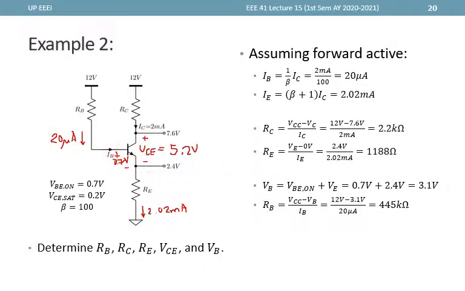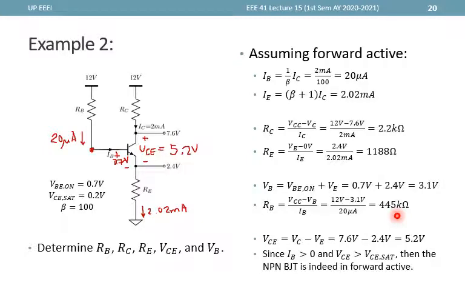VB, the voltage at the base with respect to ground, can be solved as 0.7 plus 2.4. So that is 3.1 volts, and the resistance RB is 12 minus VB, which is 3.1, over 20 microamperes, so 445 kilo ohms.